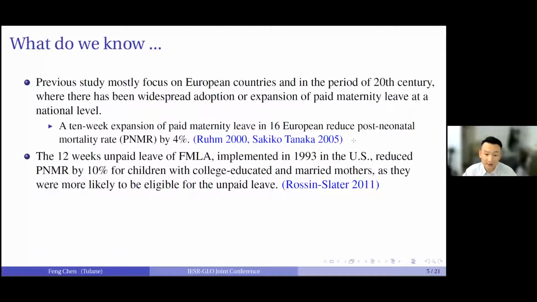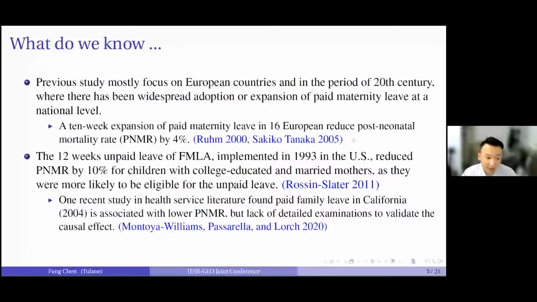This policy reduced the postnatal mortality rate by 10% for children of college-educated and married mothers, as they were more likely to be eligible for this leave. There is only one recent study in the health services literature finding that paid family leave in California is associated with a lower postnatal mortality rate. But this study doesn't have sufficient examination to validate the causal effect.